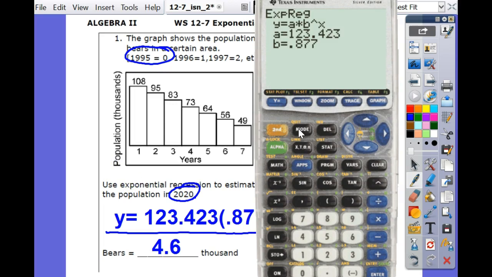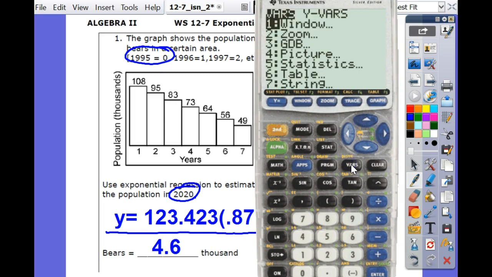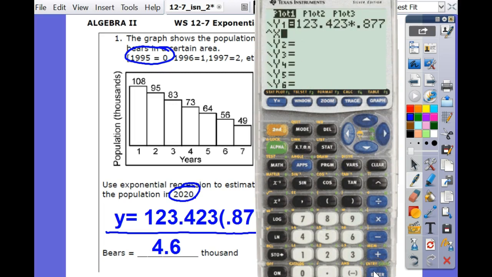Okay, so I have this equation in the calculator. I can type it into the y equals, or I can let the calculator type it in for me. Vars, 5, enter to equation, and now the equation is in my calculator. One more time to get that.